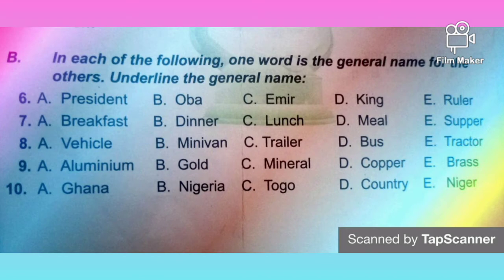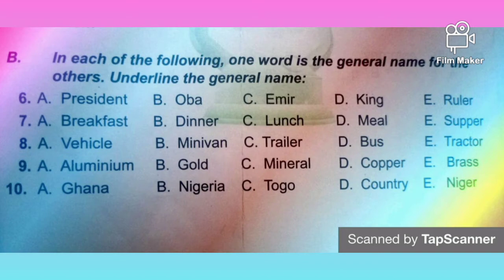Do you understand that? So the answer is D, country. All right, let's take the last one before we go over to the next one. Let's take number 7. A, breakfast. B, dinner, lunch, meal, and supper. So the answer here is meal. Breakfast, dinner, lunch, and supper, they are all meals.